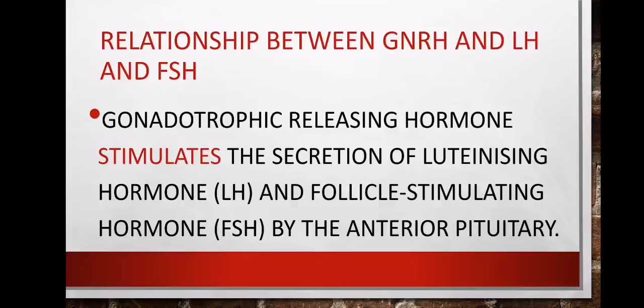It will be secreted to go to the anterior lobe of the pituitary gland to cause it to secrete LH and FSH. So GnRH is responsible for stimulating the secretion of LH and FSH by the anterior lobe of the pituitary gland.